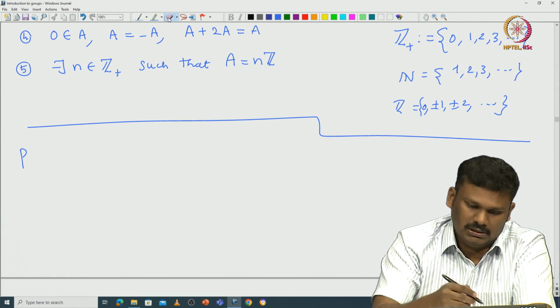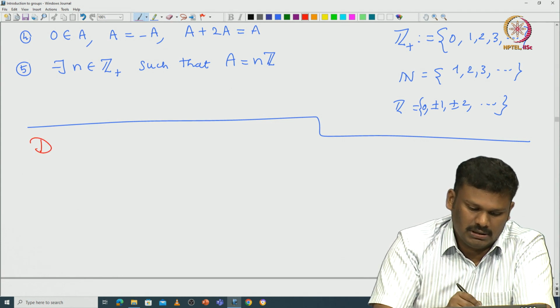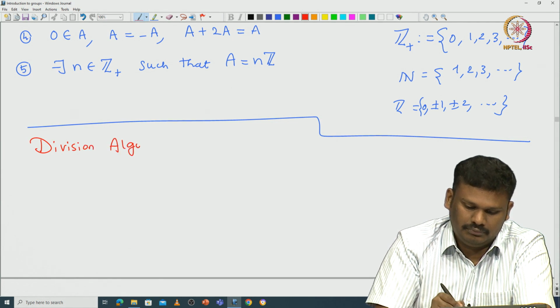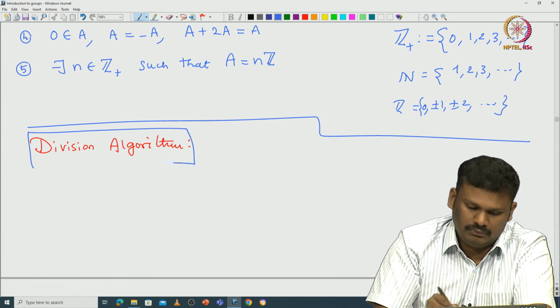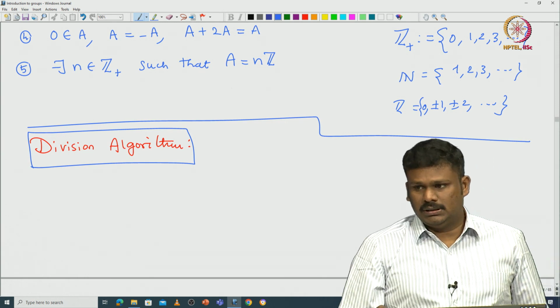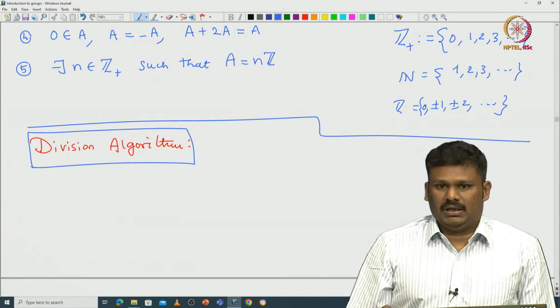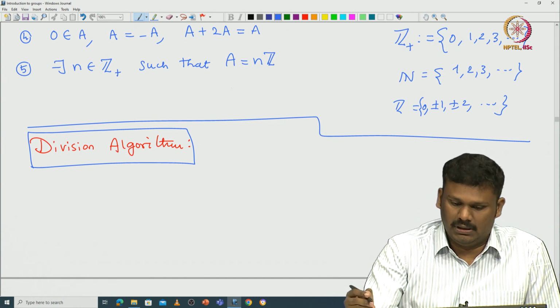Let me state and prove it. I will state the division algorithm first for natural numbers; later we can state it for integers, or otherwise one can state it for integers straight away, not a problem.